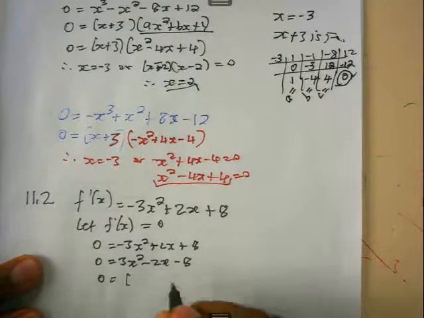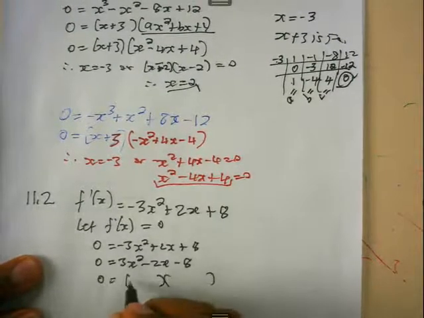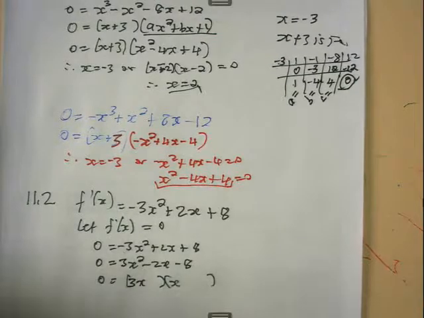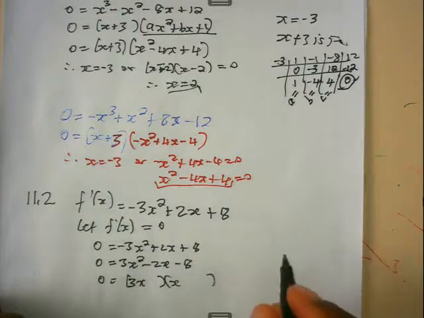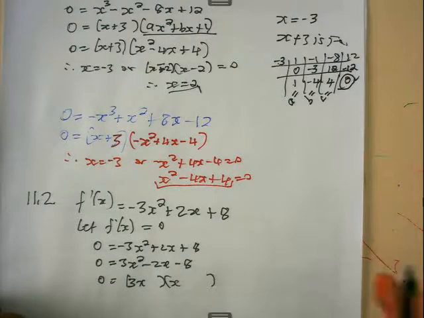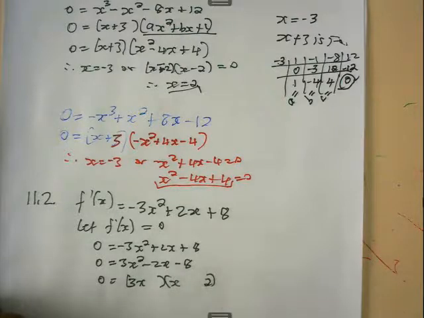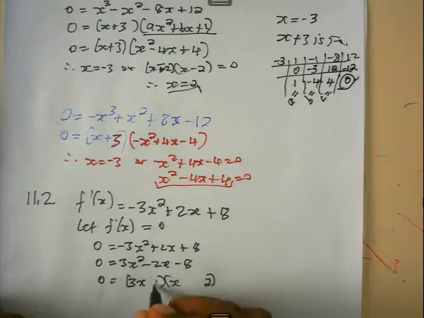Then from here we factorize this equation. The factors are 3x multiplied by x, which would give us 3x squared. And now the factors of 8 are 2 times 4 or 1 times 8, right? But I believe that if I take 3 multiplied by 2, the answer will be 6. Then 6 minus 4, the answer there will be 2.